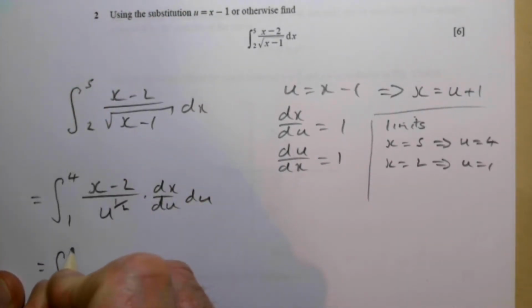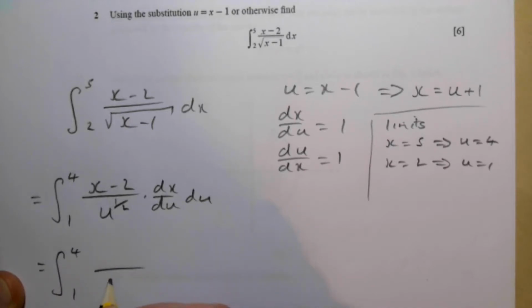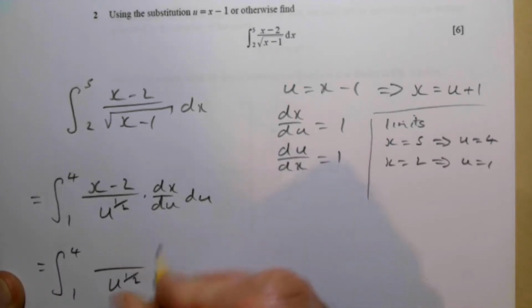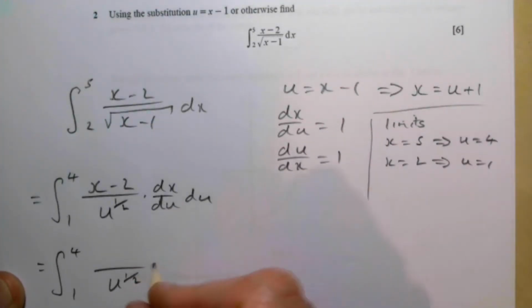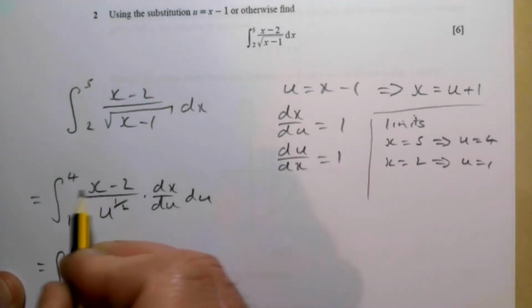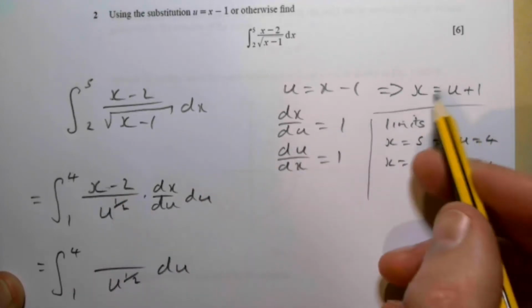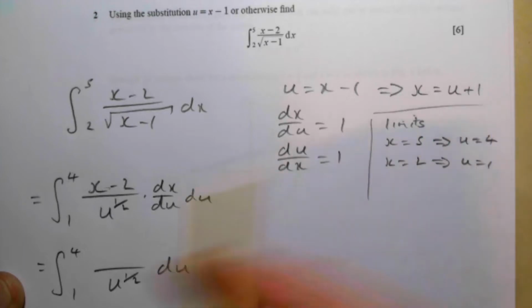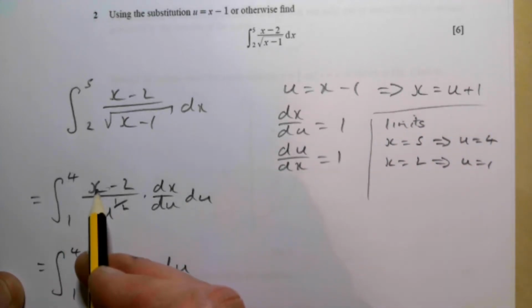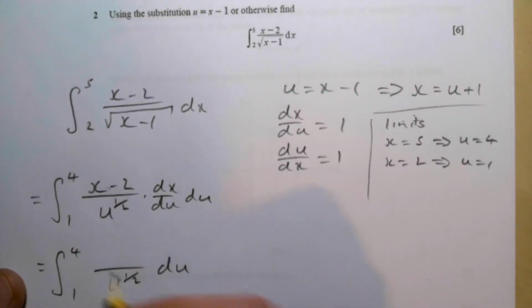That's the same as the integral of 4 and 1, u to the power of a half, dx by du, but dx by du of course is just 1. So I can just then have my u there, and then x minus 2, so x equals u plus 1, so I change this for a u plus 1, so it's u plus 1 minus 2, and that gives me then u minus 1.